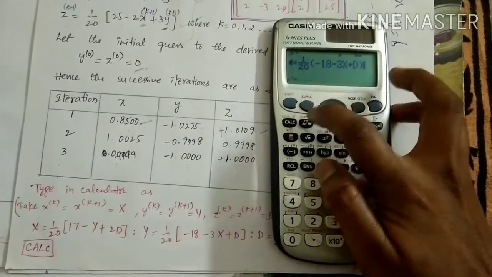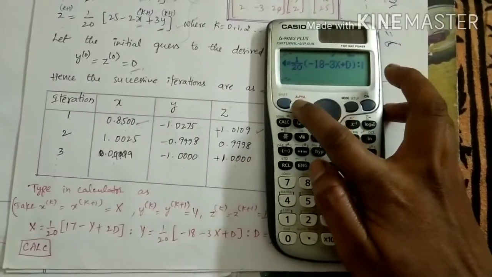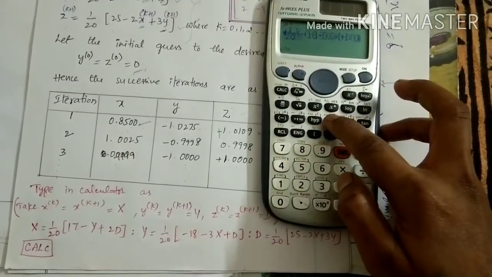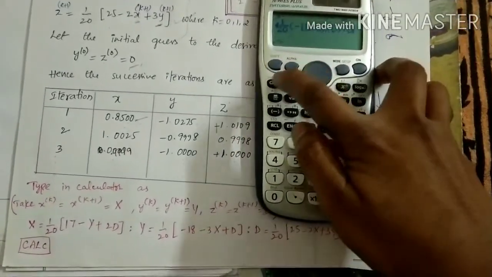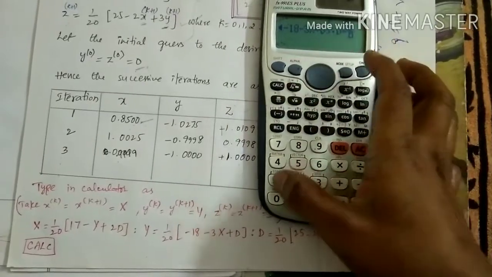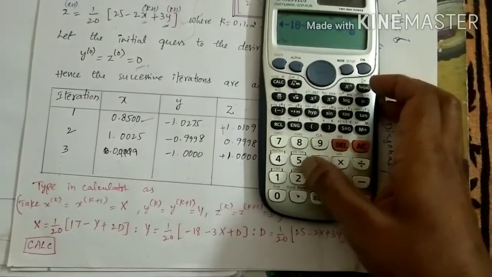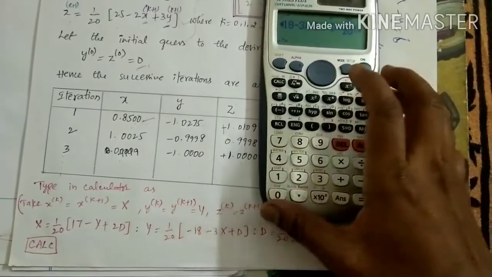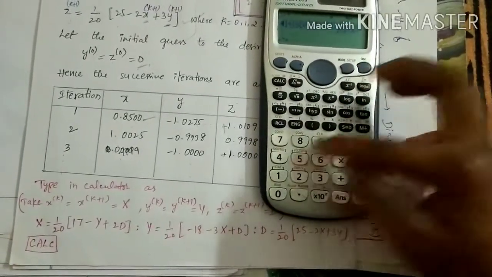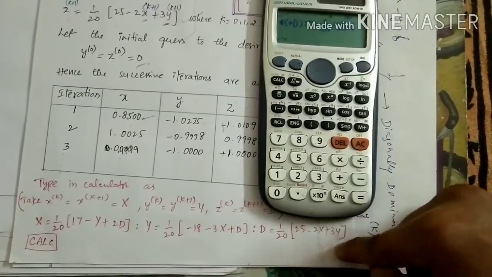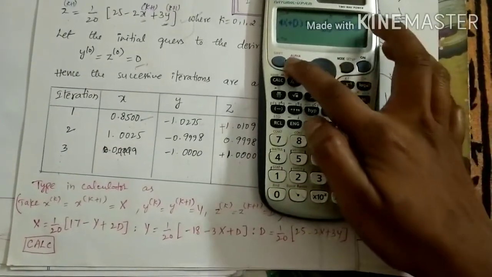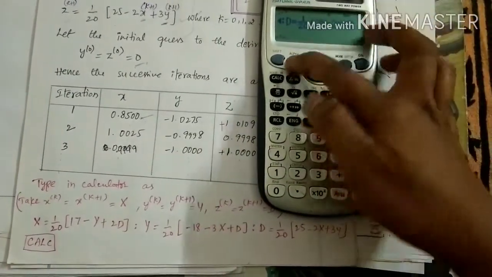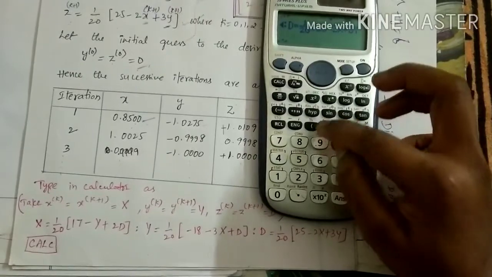To enter the third equation, colon, and z equal to, in the sense d is equal to 1/20 into brackets open, 25 minus 2x plus 3y, 2 alpha x plus 3y alpha y, brackets closed.